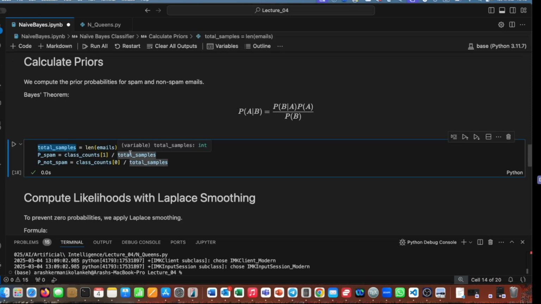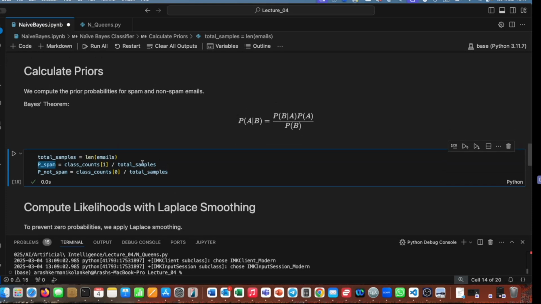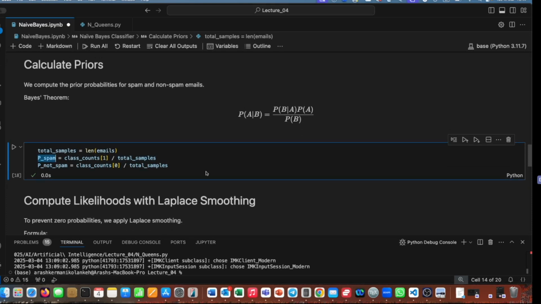Total samples: we just count how many emails we have. Then the probability of class spam and the probability of class not spam. You count how many of your emails are spam and how many are not spam, and you divide this count by the total number of emails. Then you will have prior probabilities. This means the probability of each class.